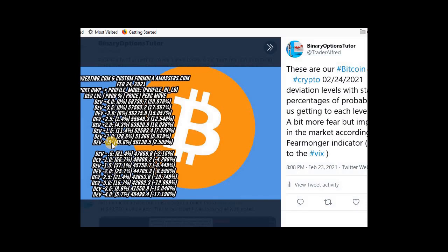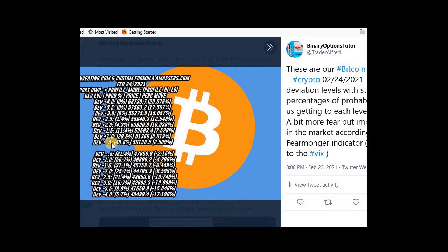Is this a day where the bulls are out and running everything? If we can't get past half deviation, probably it's not a day where the bulls are running everything. It's more of a bearish day. There are a lot of other things you can look at, but this is a real simple way that I would use deviation levels.